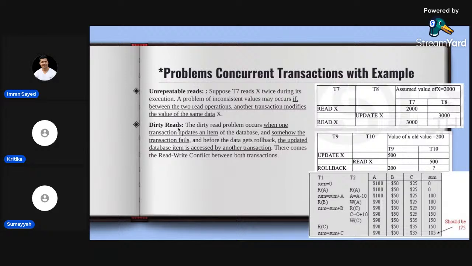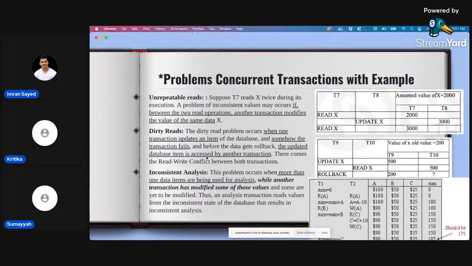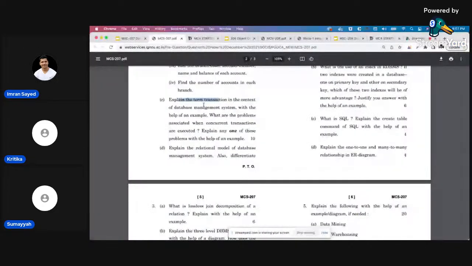That's a dirty read. And an inconsistent analysis is when more than one data item is being used for analysis, while another transaction has modified some of those values. That's when inconsistent analysis happens. So that answers this question. What is transaction? Give example. So you'll give an example of the bank.